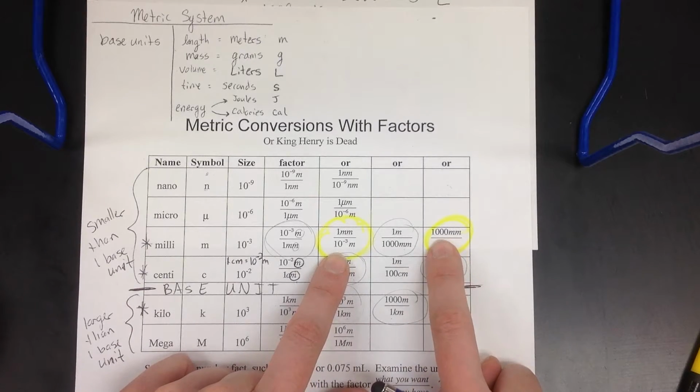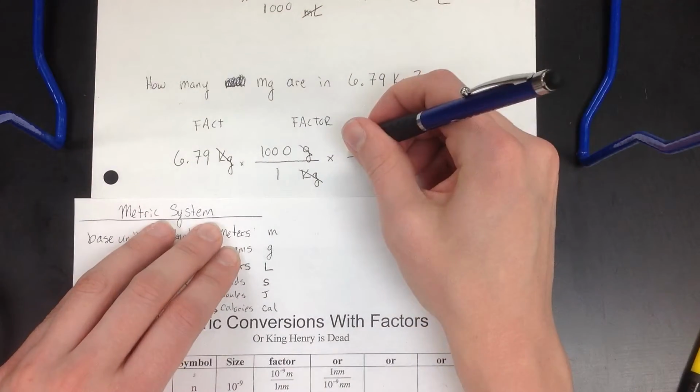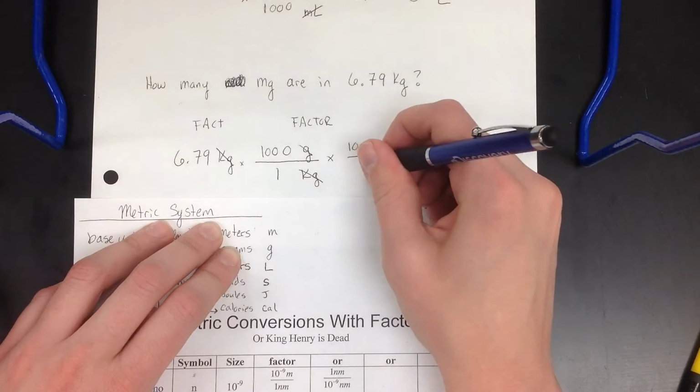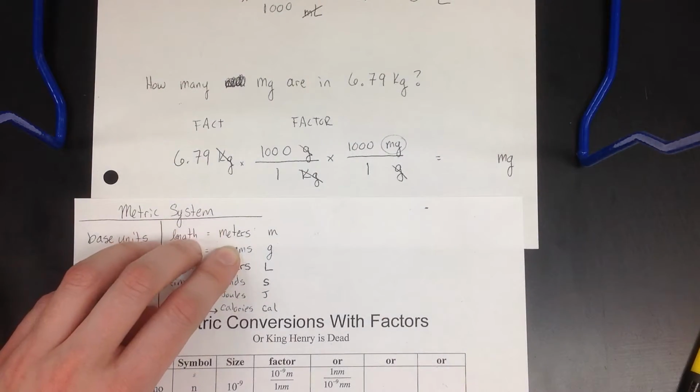Again, I'll use the 1,000 because we're more familiar with the 1,000 than the 10 to the negative third. So that has 1,000 milligrams is equal to 1 gram.